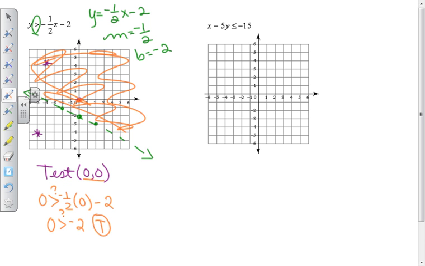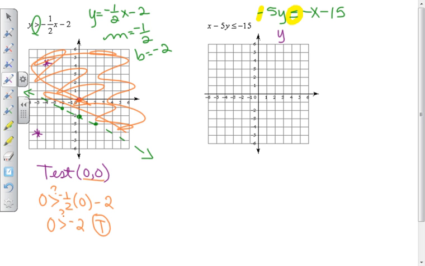Now this equation here needs to be put into slope-intercept form. So I am going to subtract x from both sides. Negative 5y is less than or equal to negative x minus 15. Now I'm going to divide by a negative. Remember, when I multiply or divide by a negative, I have to flip my inequality, but only when multiplying or dividing by a negative.